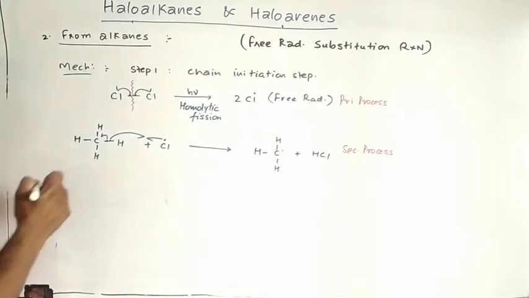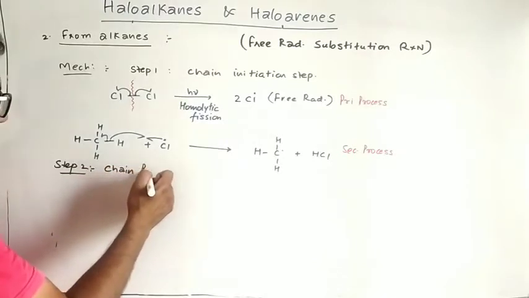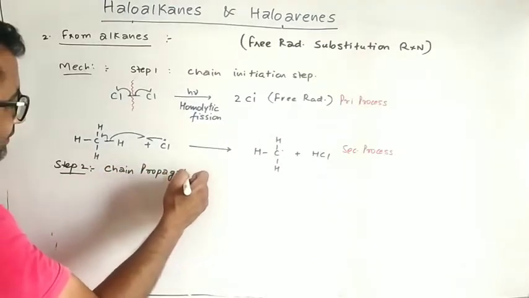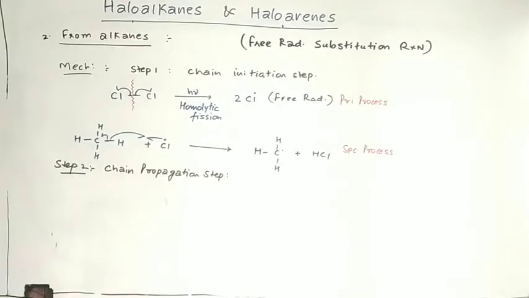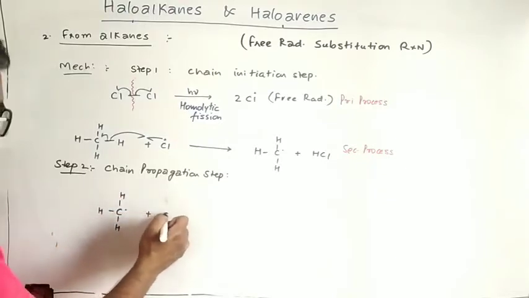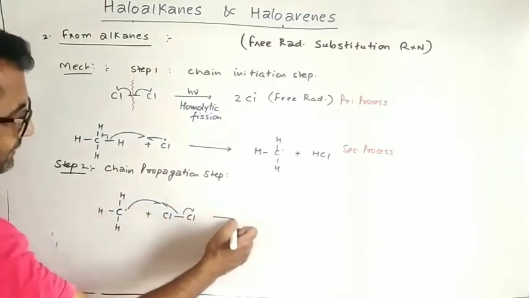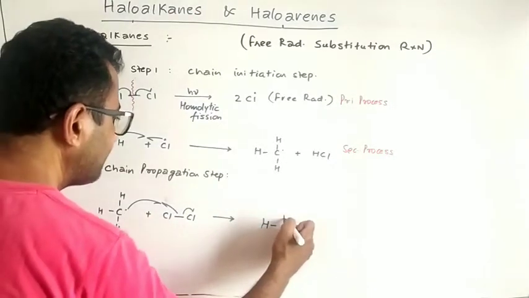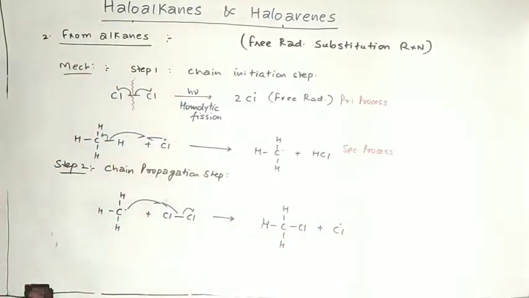Okay, now next is step 2, the chain propagation step. What happens in the chain propagation step is that this free radical which is produced here combines with chlorine like this, and we get chloromethane, plus a chlorine free radical is again produced here.